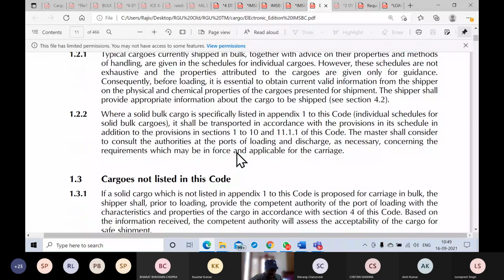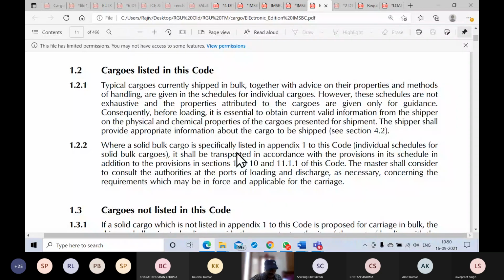Cargo listed in the code is very easy. When it is listed, you just need to go to that particular section and see. Cargoes currently shipped in bulk have advice in the code for properties, methods of handling, and schedule.